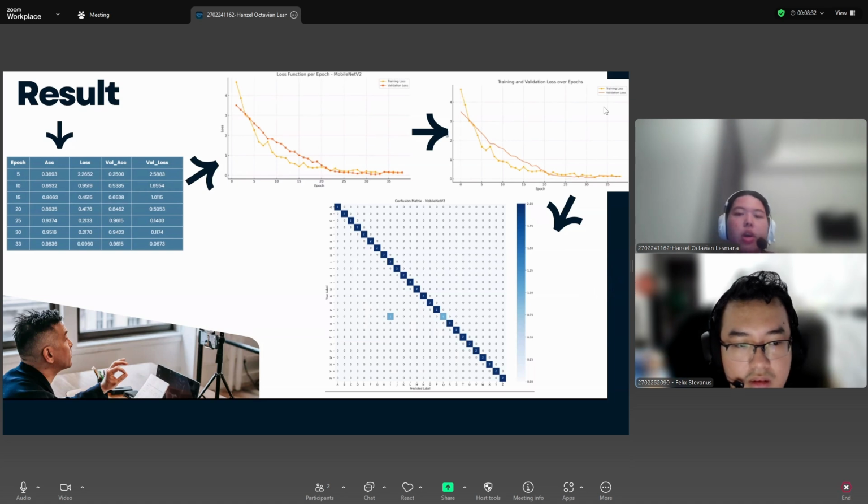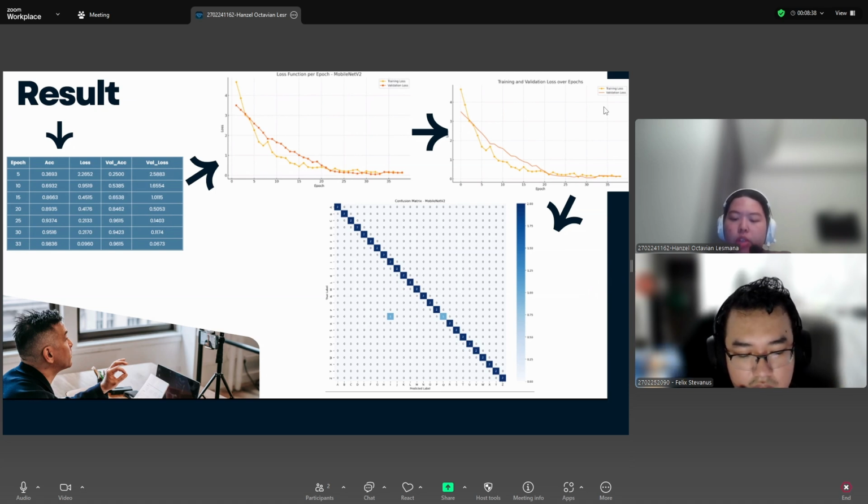So next, we will discuss the first table first. We can see that the training accuracy increased from 0.36 on epoch 5 to 0.98 at epoch 33. And the second one, the validation accuracy, also improved from 0.2 to 0.9.